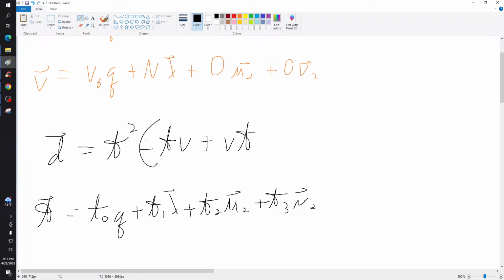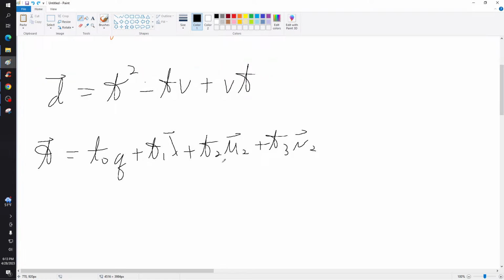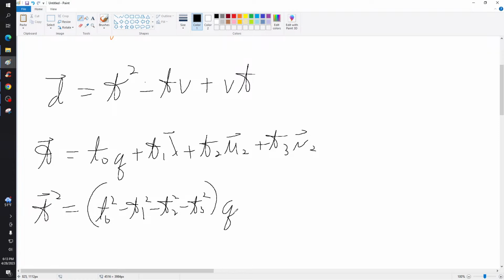We're going to address this very shortly, but let's look at what the square of any quaternion is. T squared is therefore equal to, the real part is t null squared minus t1 squared minus t2 squared minus t3 squared. That's the real part q, plus 2 t null t1 lambda plus 2 t null t2 mu2 plus 2 t null t3 mu2.